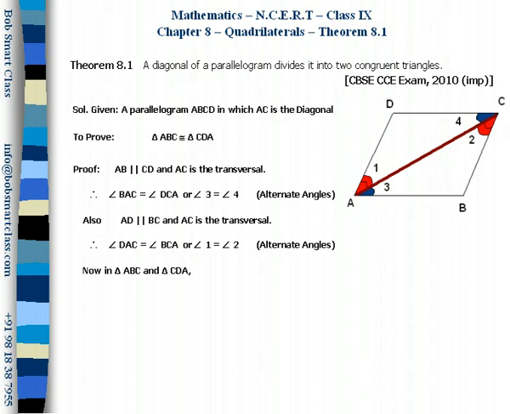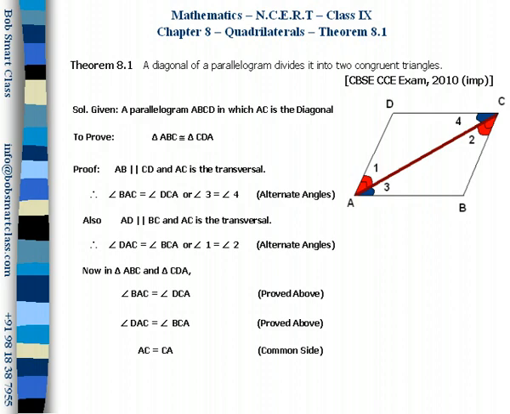Now, in triangle ABC and triangle CDA, we have angle BAC equals angle DCA and angle DAC equals angle BCA, which are proved above. And we have a common side AC.